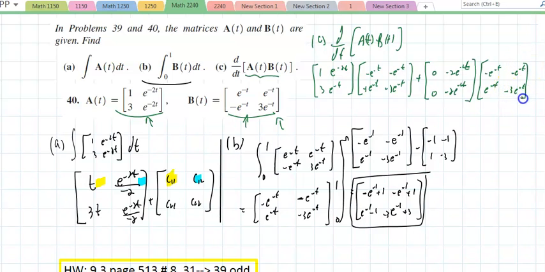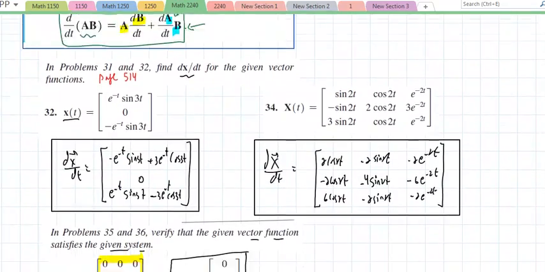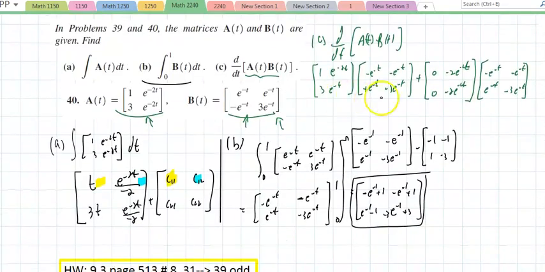Now I want to make sure I didn't make the same thing twice. I took A times derivative of B, A times derivative, oh, I did the same thing twice.